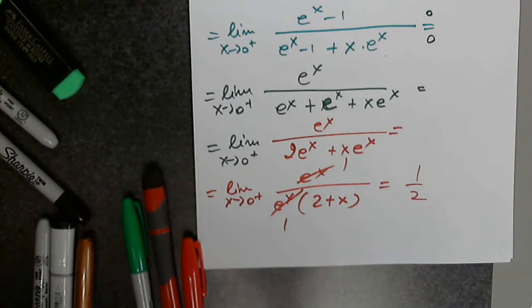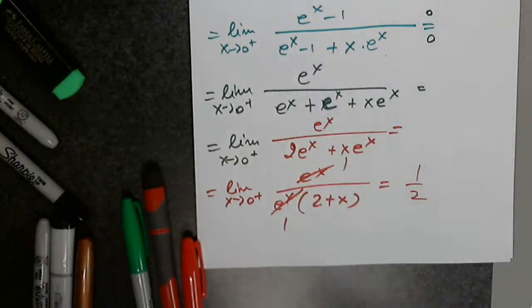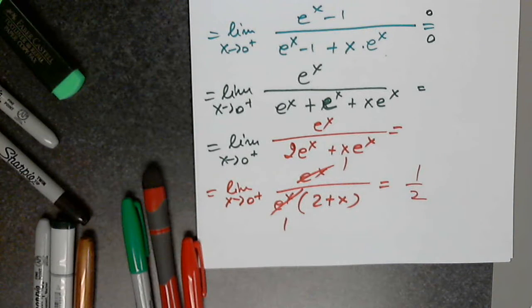When x approaches 0, e to 0 is 1. So I can only differentiate in the case of 0 over 0 or infinity over infinity. If I have the case of 1/2, I'm not differentiating. I'm not allowed to.